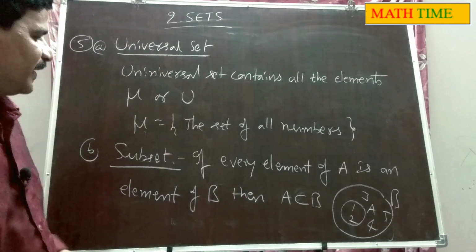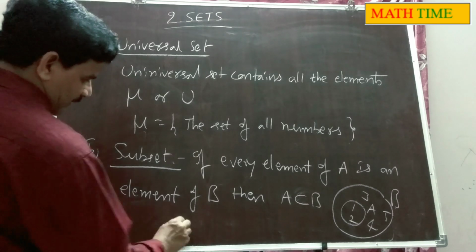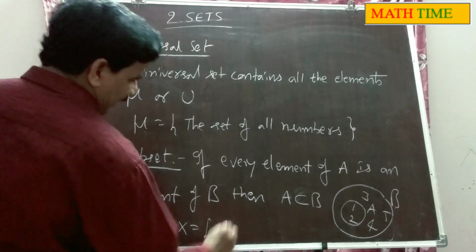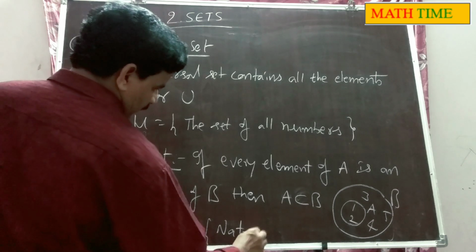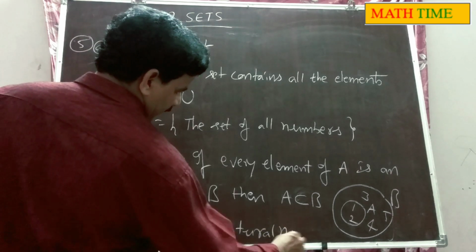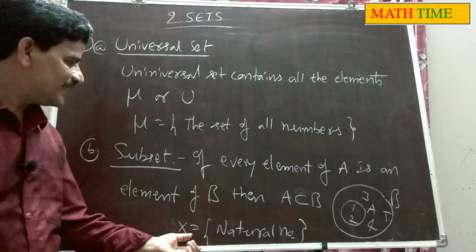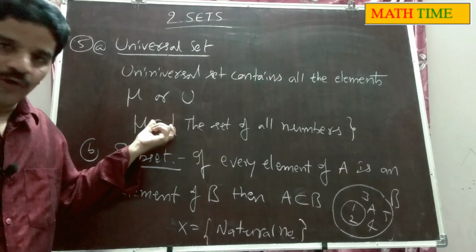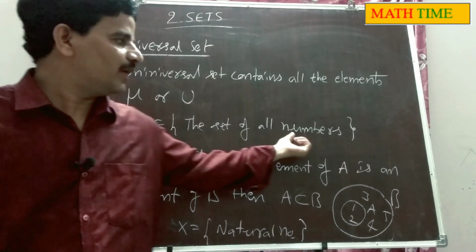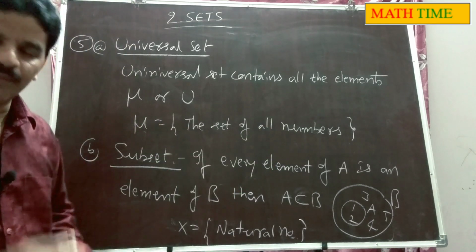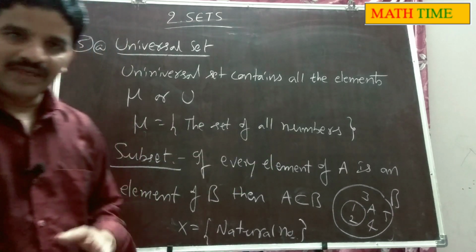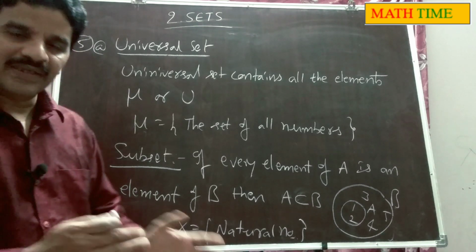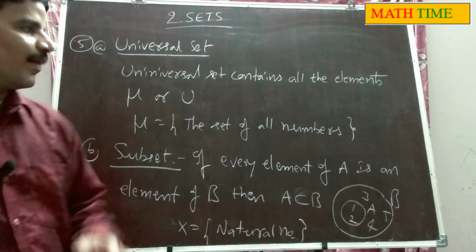For example, if I take x equal to the set of natural numbers, x is a subset of mu, the universal set, because the universal set contains the set of all numbers: natural numbers, whole numbers, positive integers, negative integers, rational numbers, irrational numbers, real numbers and complex numbers.